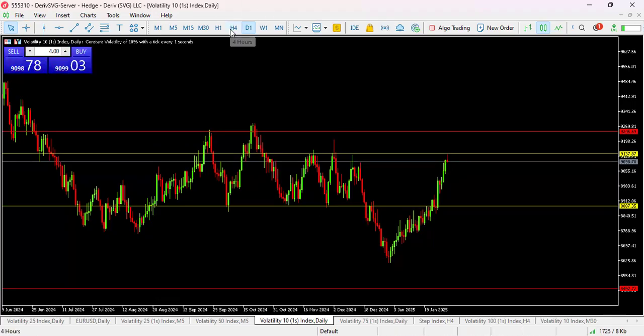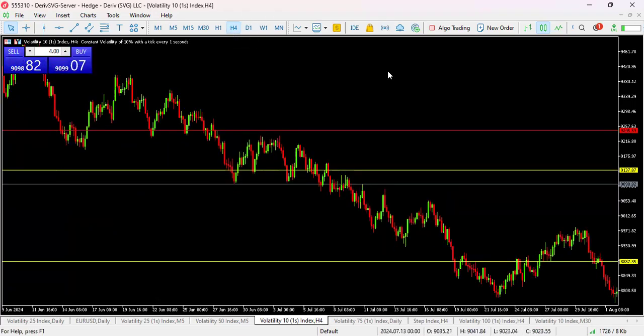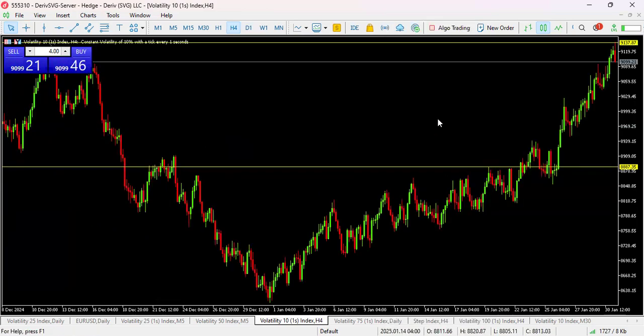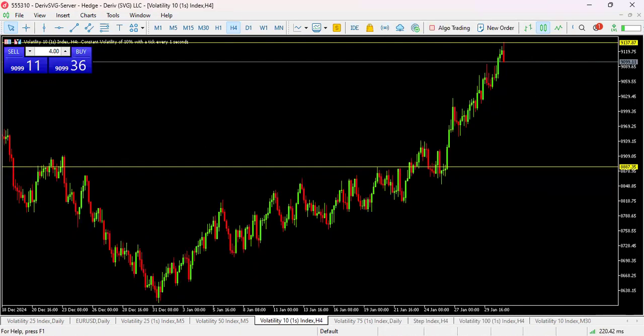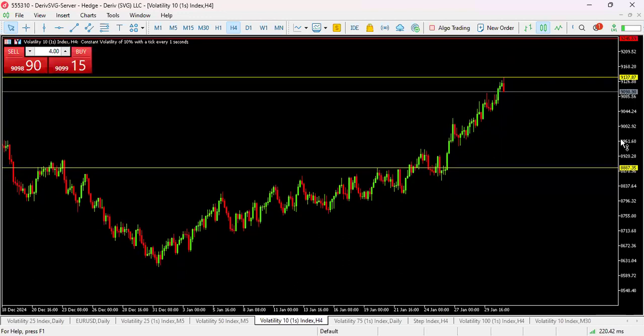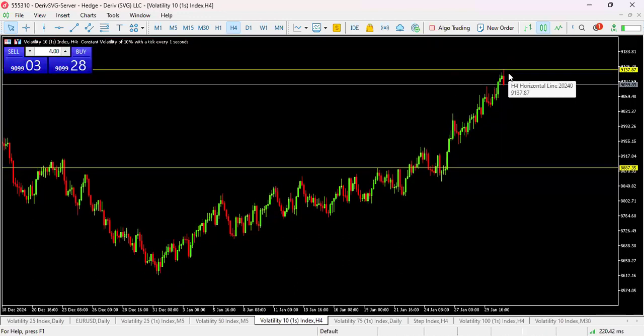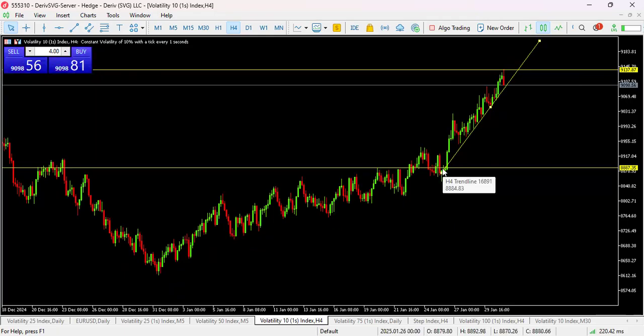If you go to 4 hours time frame now, this market may reverse from here. But the way we trade, we want to know if price wants to break out, wants to be in a continuation, because this is daily and 4 hours time frame.